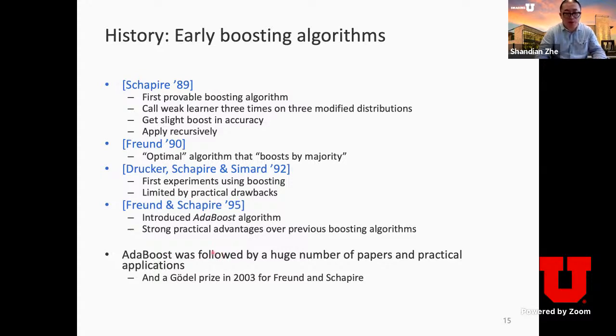And right now, AdaBoost is often used as one of the strongest machine learning classifiers in practice, and was used everywhere. The inventors, Freund and Robert Schapire, were awarded the Gödel Prize in 2003. This is a top award in theoretical computer science.